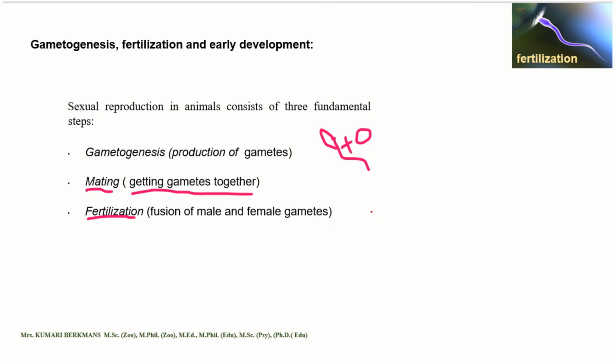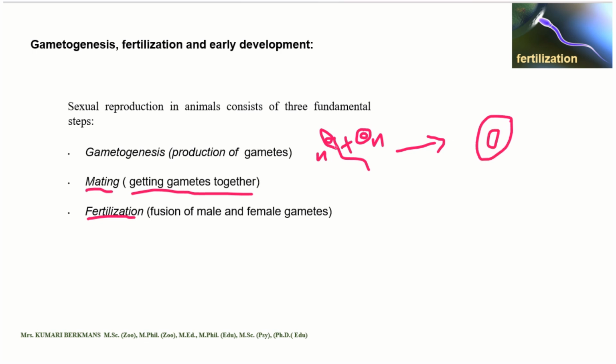See, for example, the sperm has its nucleus and the ovum also has a nucleus. The number of chromosomes is n. This is from father and this is from mother. When these two fuse, it forms a zygote. That is called fertilization.